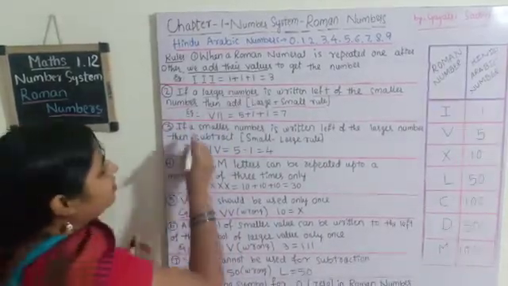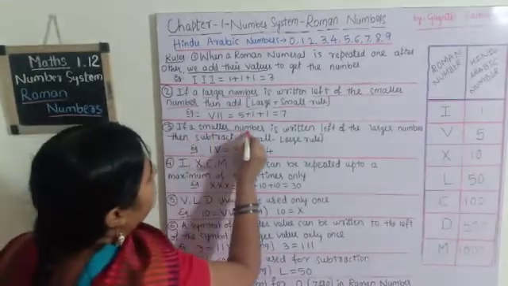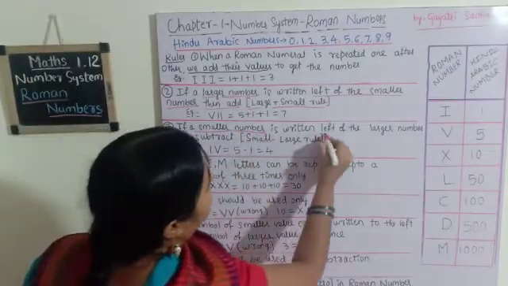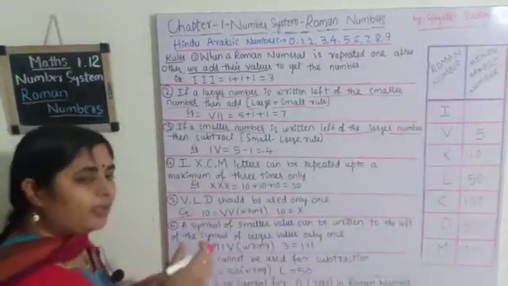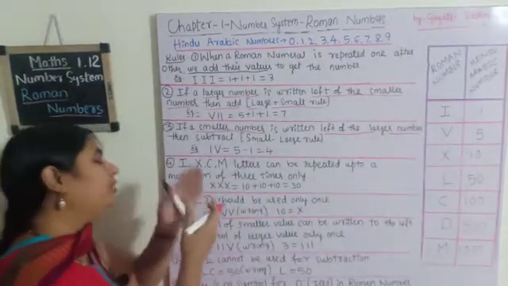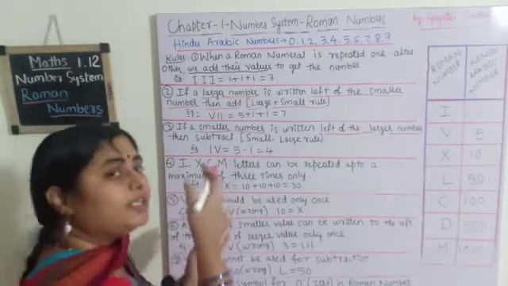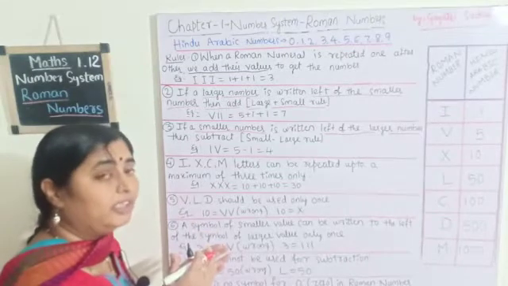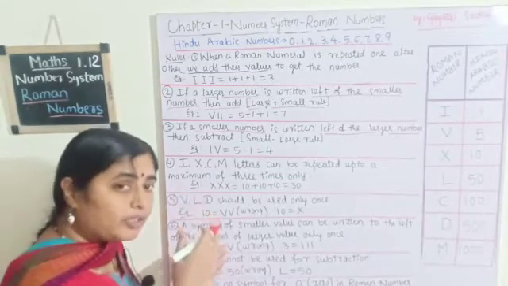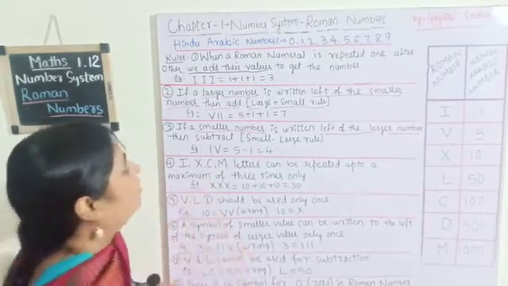In the next rule, it says the smaller number is written left of the larger number. See here, first we write the larger number, and to the left of that we write the smaller number. Then what we have to do, we have to subtract. From the larger number we have to subtract the smaller number to get the value.